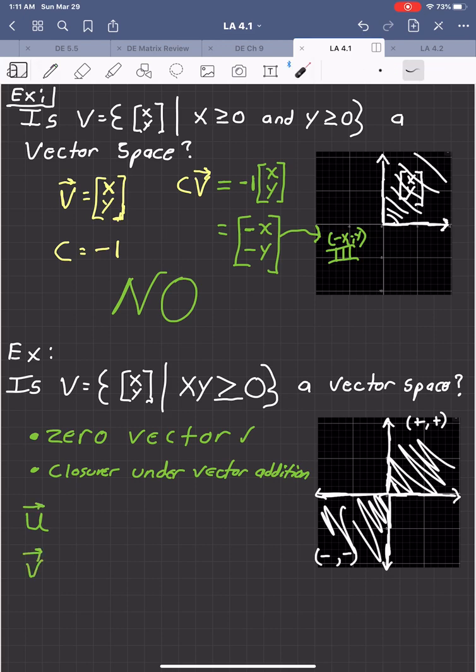Now what did I just say? I said if you reach into these shaded regions and you grab any two vectors, then to have the property of closure under addition would mean that when you add those two vectors, what comes back out must also be in the shaded region. Okay? So it must also be in V.